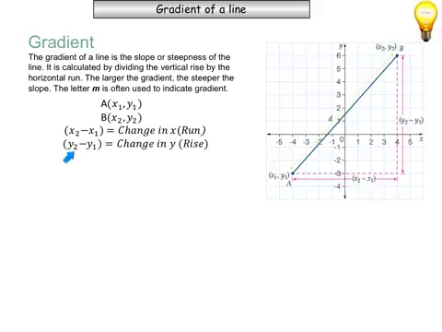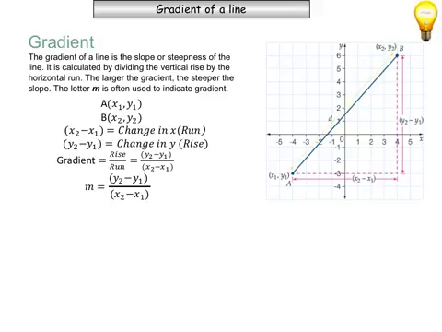And our change in y is y2 minus y1, which is the same here. The gradient formula is the rise over the run. So we can substitute in our rise into here and our run, which goes into here. And so we get y2 minus y1 divided by x2 minus x1.